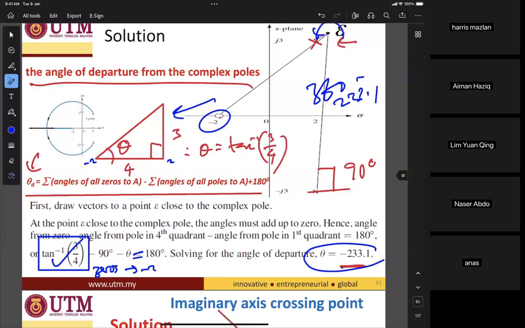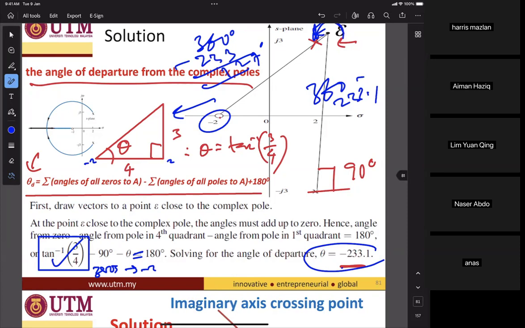What is 360 minus 233? The value is 127. It's somewhere here.